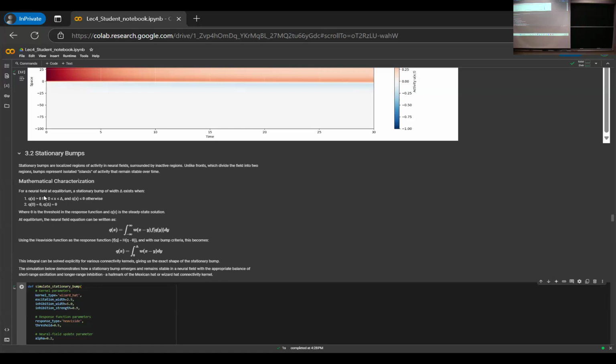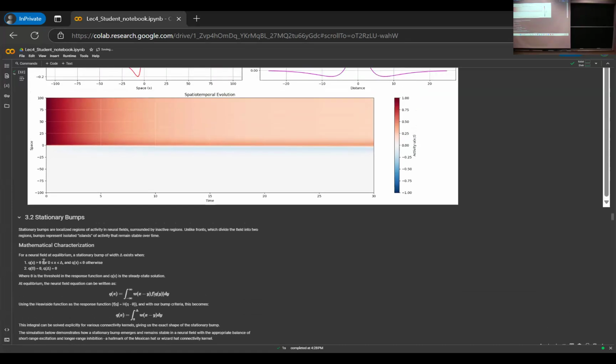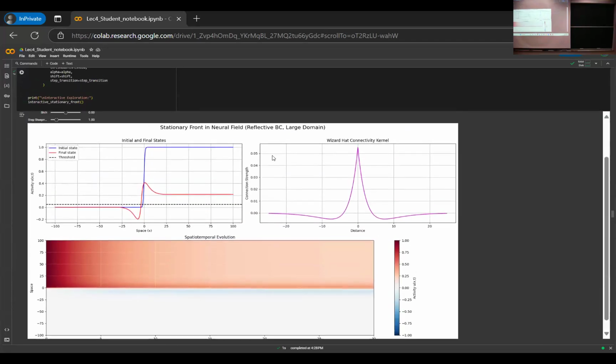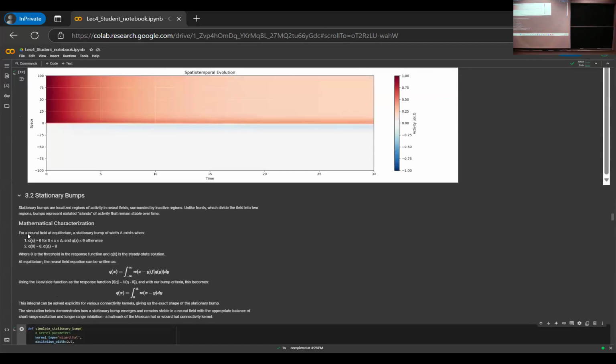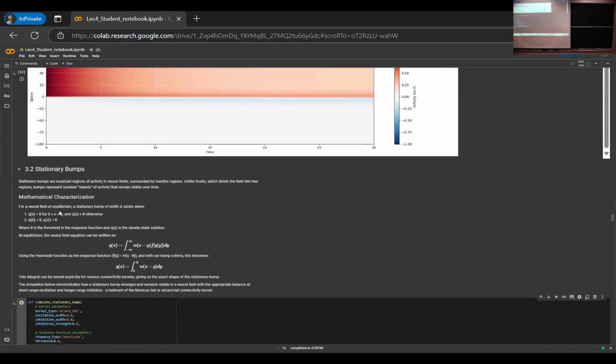In addition to that, it goes back to the synaptic response function, where the region in the middle has to fall into the active state, and the regions surrounding it have to fall over here. So that's what we're doing here. We're saying for values greater than theta, this is positive.